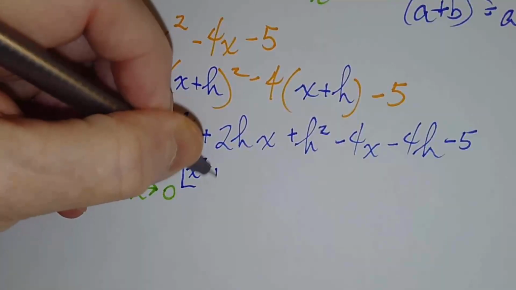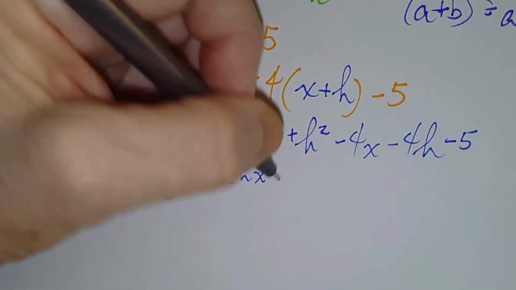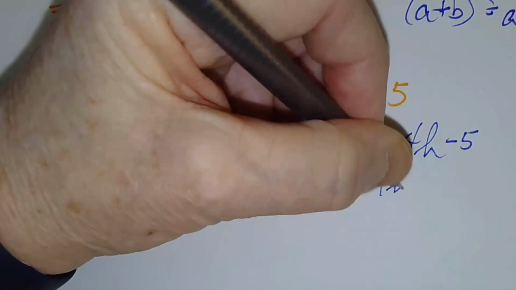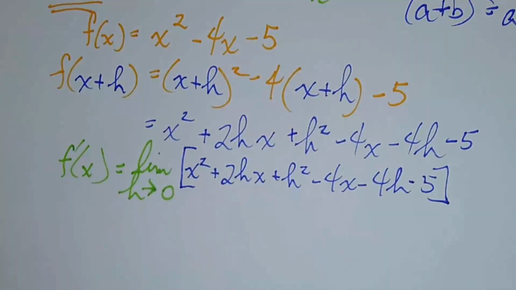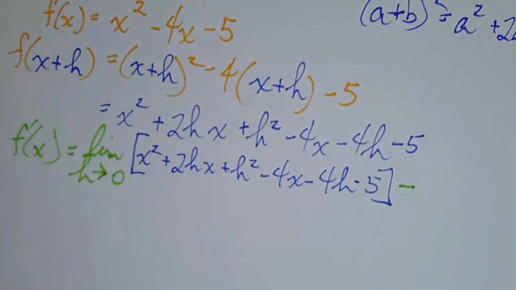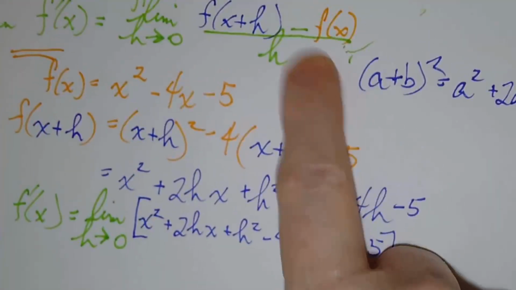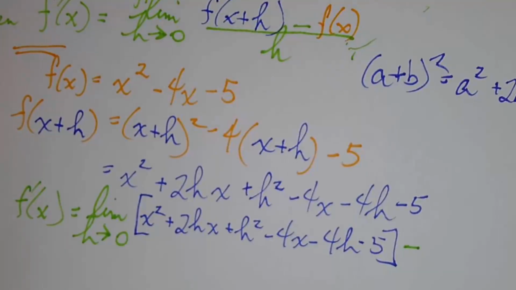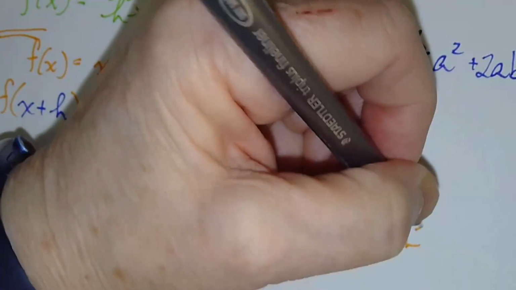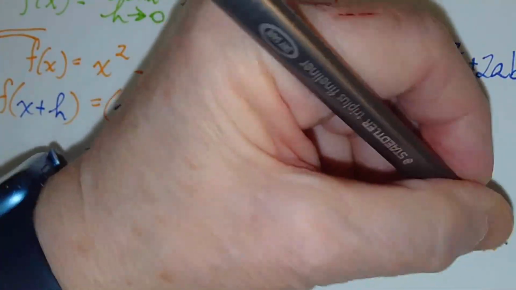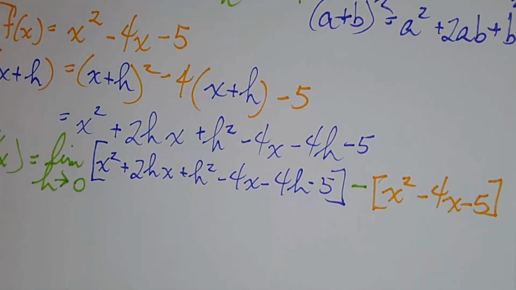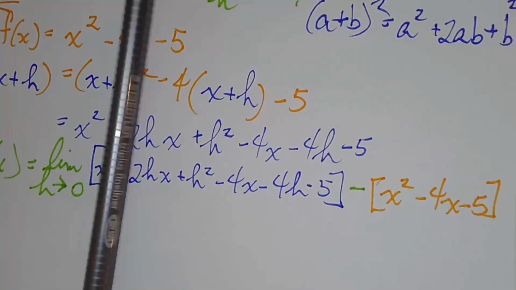So X squared plus 2HX plus H squared minus 4X minus 4H minus 5, minus, and let's put F of X in orange. F of X is just X squared minus 4X minus 5. And the entire thing is divided by H.